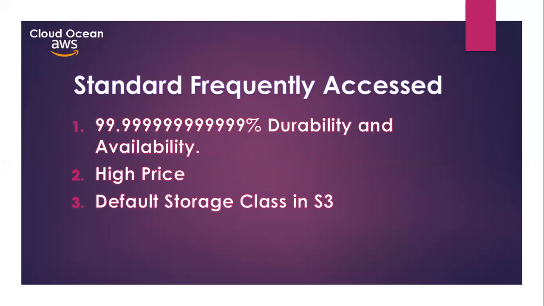When you upload any data into S3, the data will be stored by default in this class. It gives 99.999999999 percent durability and availability. It is a very high price compared to others.